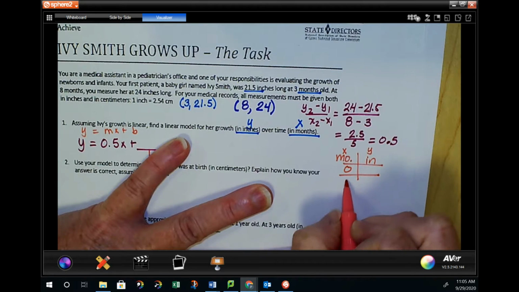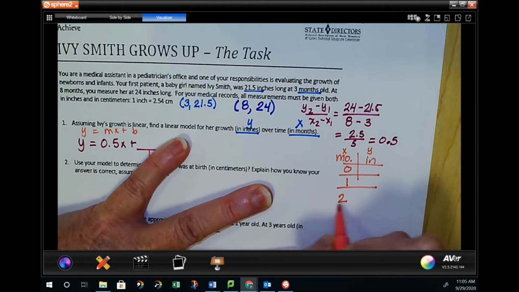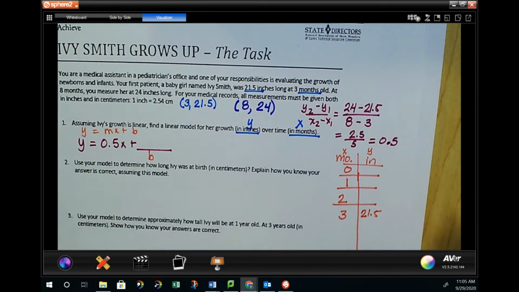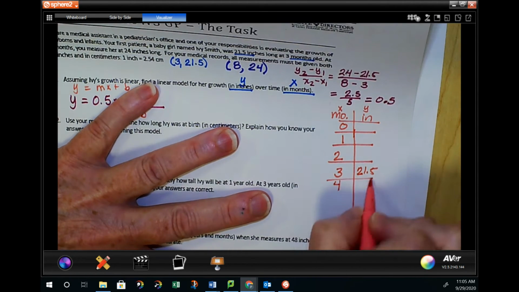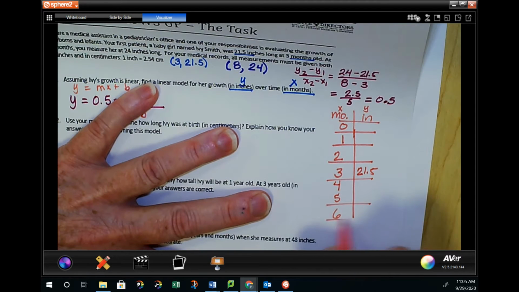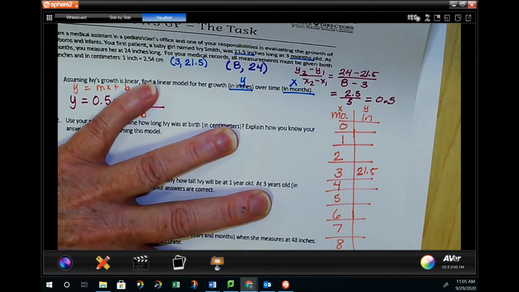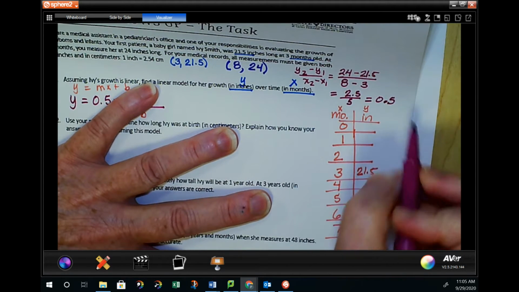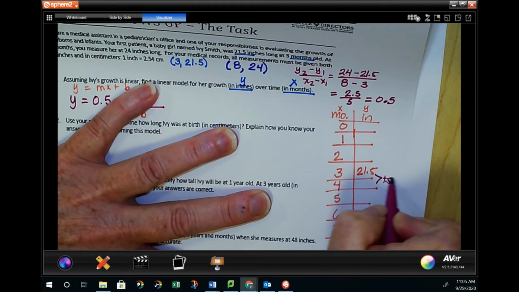So at 0 months, I don't know. At 1 month, I don't know. At 2 months, I don't know. At 3 months, I found this to be 21.5. And then 4 months, 5 months, 6 months, 7, and 8 months. Every time we add 0.5 inches, because that was my slope.